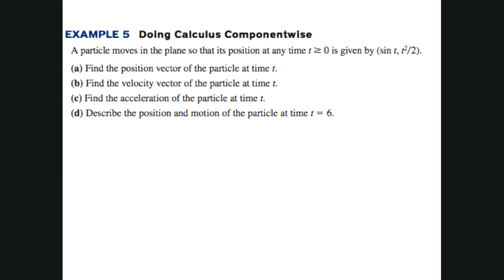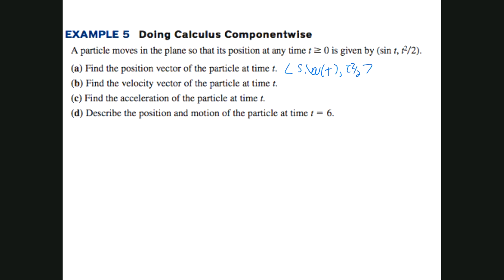Okay, well, if you think about it, wouldn't that just be the position function? Wouldn't that just be sine of t, comma, t squared over 2? That would be my position function. Not much work to do there, is there? Then if they ask me for the velocity vector, well, that's just the first derivative, right?